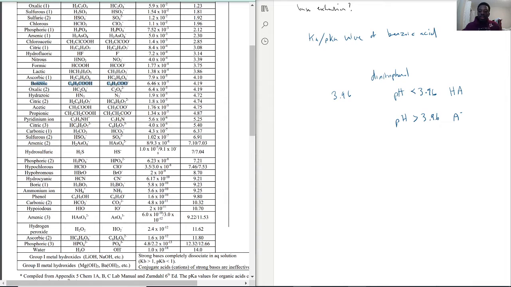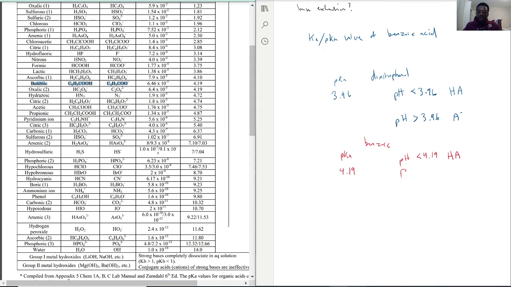Because we're working with pKa's here, as you can see, it has a pKa of 4.19. So that means that at a pH of less than 4.19, we're dealing with benzoic acid's conjugate acid, which is just benzoic acid.